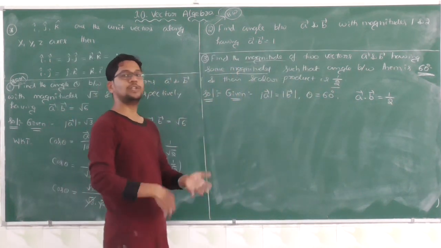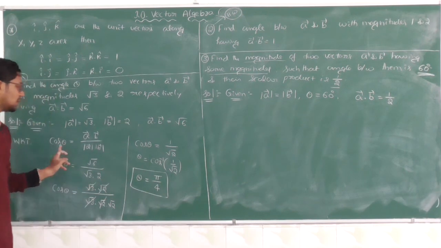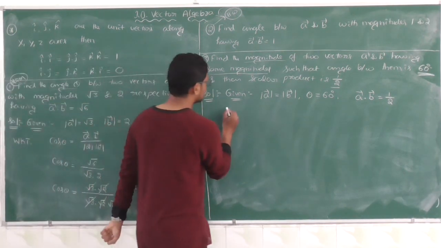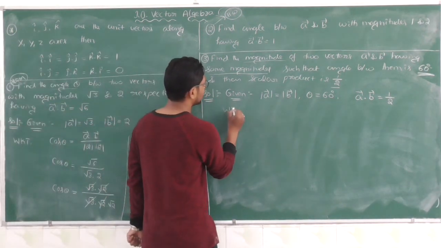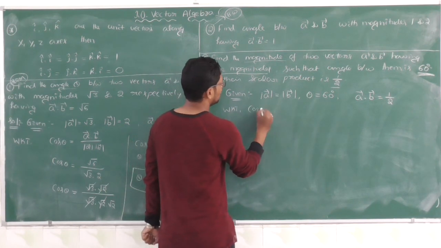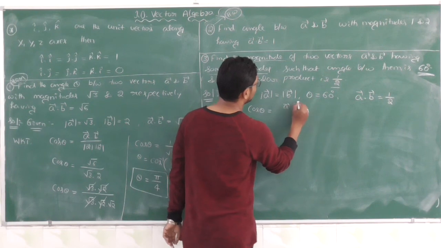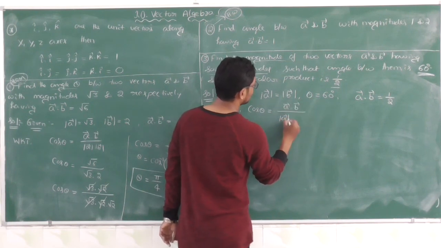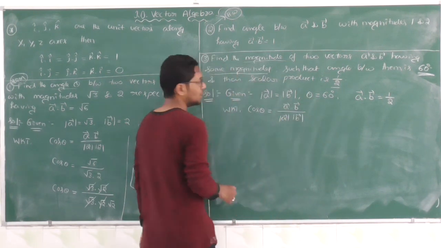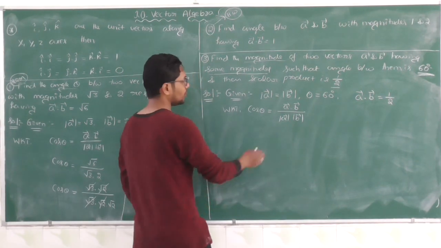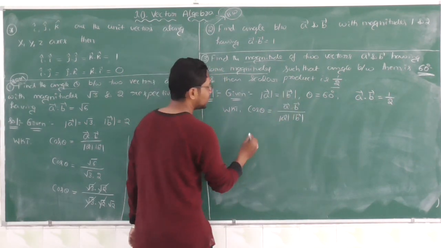Yes, we know the formula, the cos theta formula. We know that cos theta equals A dot B divided by magnitude A, magnitude B. Now you just substitute the given things in the formula.